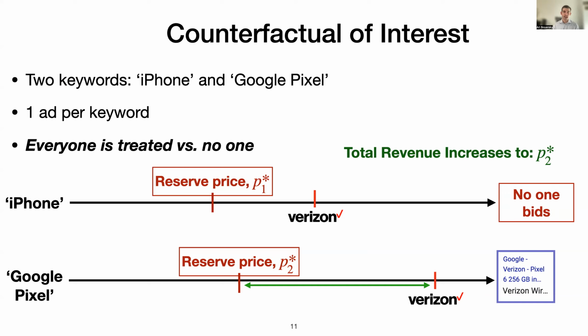So what's happening here is that there's a spillover effect in our A/B test between our iPhone and Google Pixel auctions. Even though we've assigned our treatment randomly, this spillover means that our estimate is not indicative of what we should be getting had we treated both keywords at the same time.